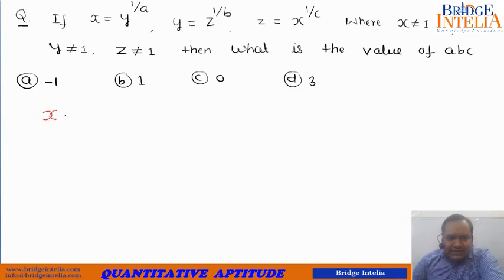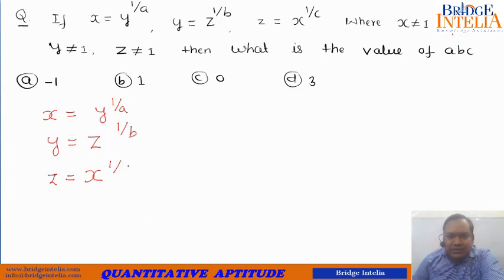So x is equal to y raised to power 1 upon a, y is equal to z raised to power 1 upon b, and z is equal to x raised to power 1 upon c. And now based on this information we are asked to find the value of a, b, c. Now let's see how to solve this.